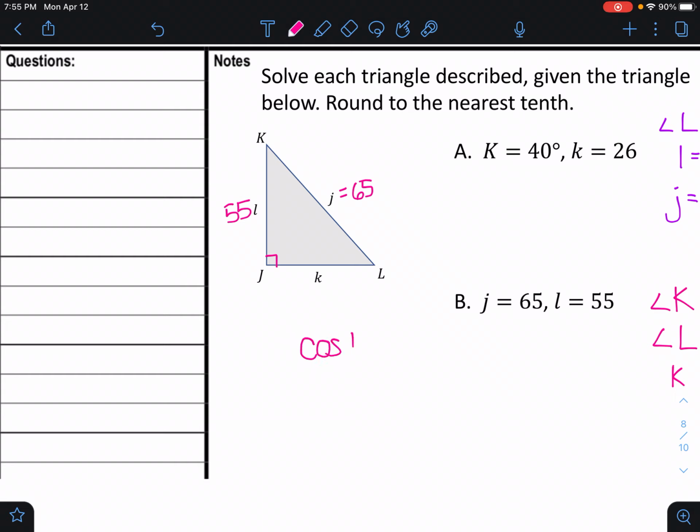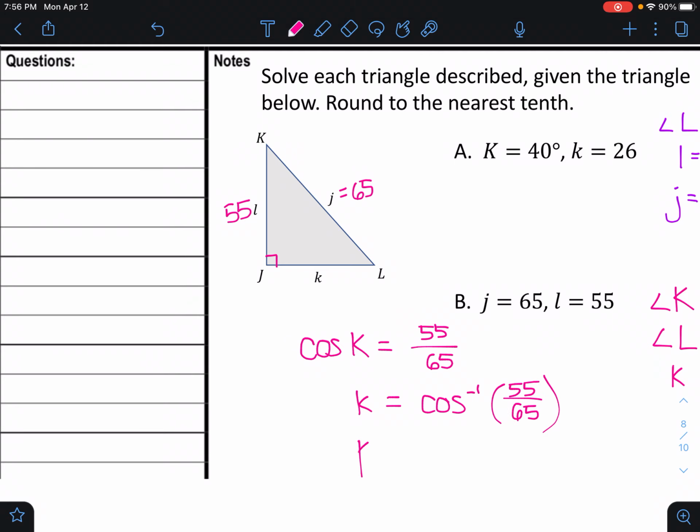Cosine of K is equal to 55 over 65. So now if I want to solve for an angle, okay, I'm going to use an inverse trig function. So this means K is equal to inverse cosine of 55 over 65.